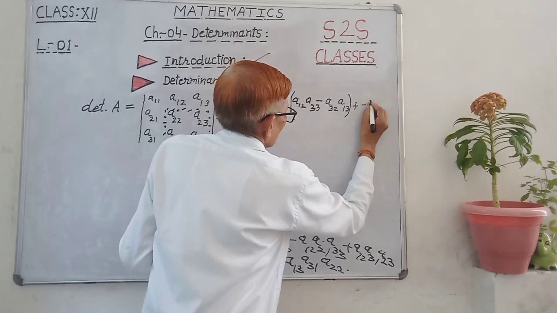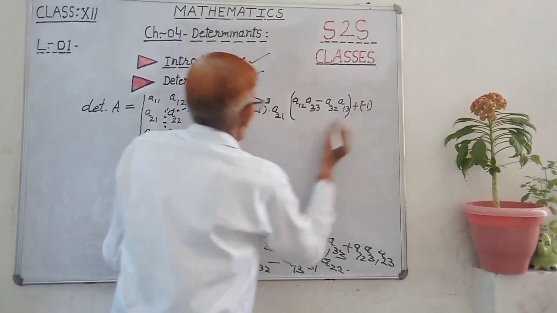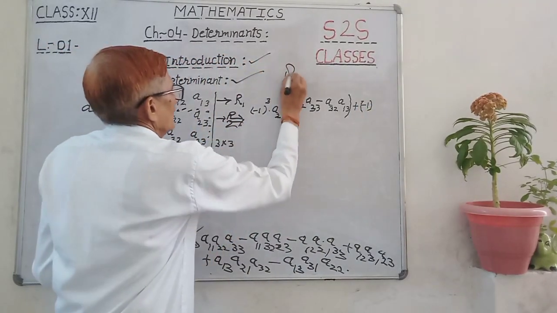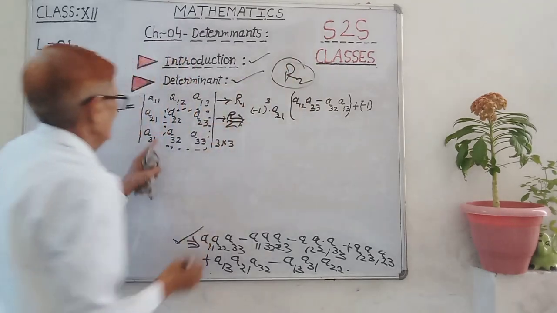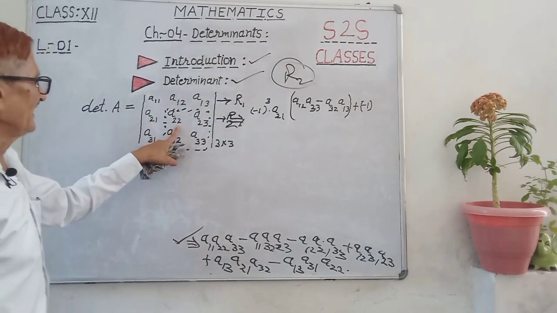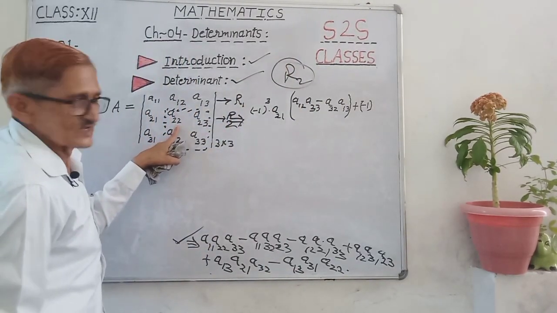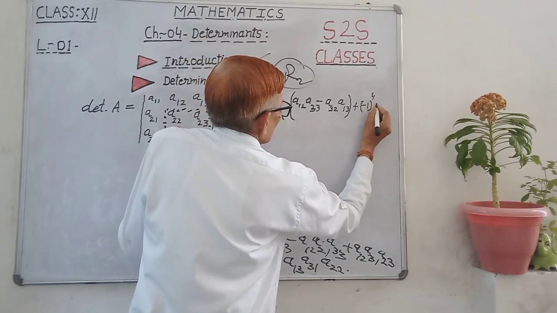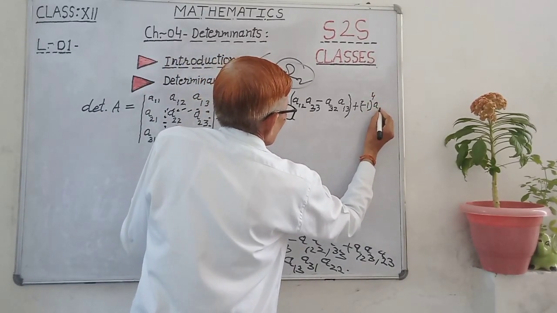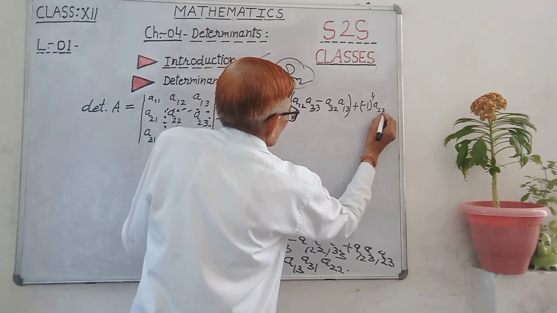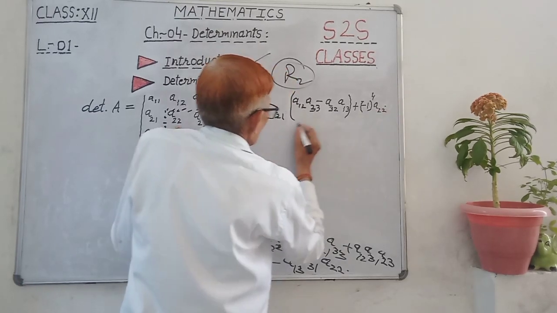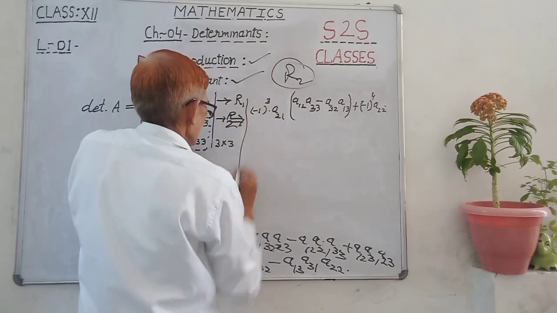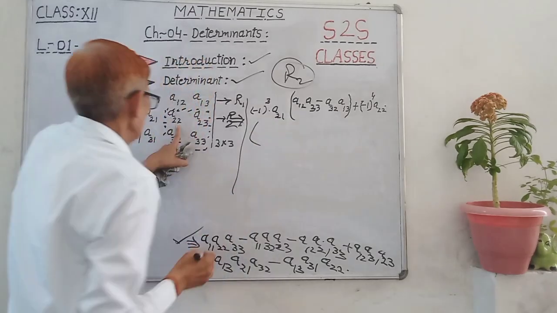Minus 1 power, along R2, okay. So second row, second element A22, i and j: 2 plus 2 is 4, so minus 1 power 4, A22 into this.